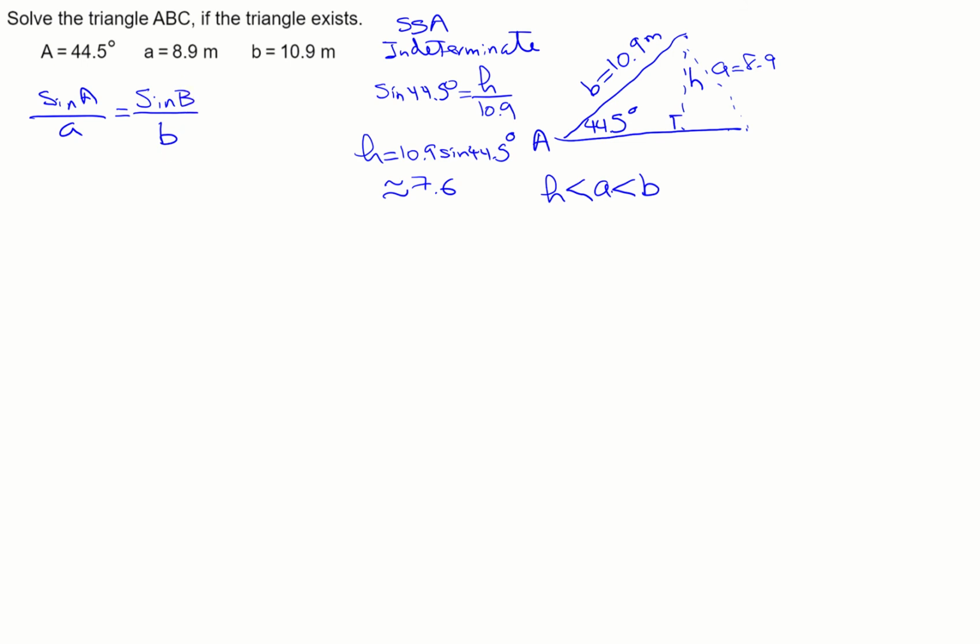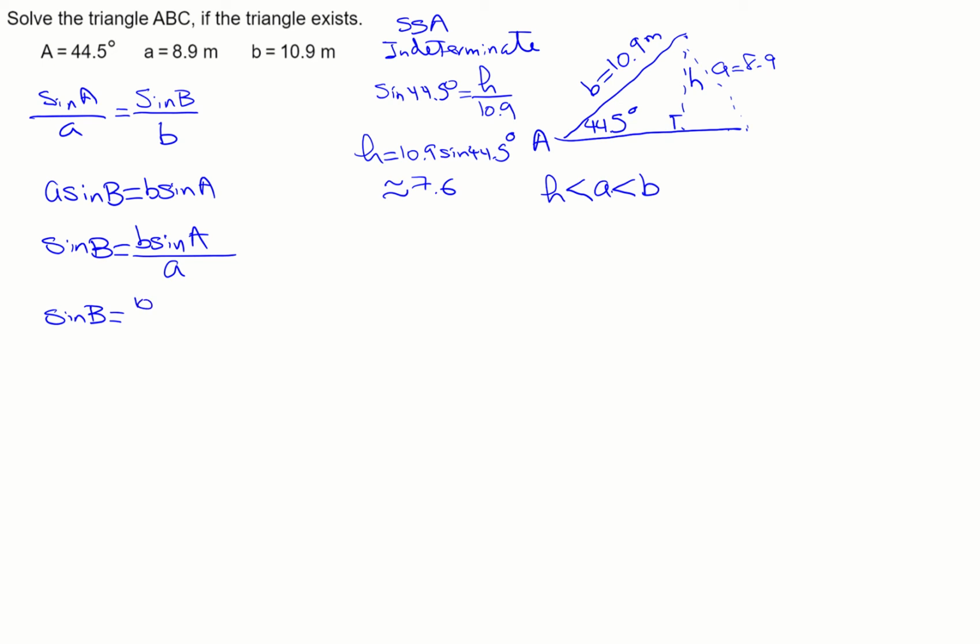So we're going to solve for sine of B. We have a sine B equals b sine A upon cross multiplication. So we get sine of B equals b sine A over a. Now if we substitute, it's always a good idea to solve algebraically and then substitute. You minimize the chances of making errors.